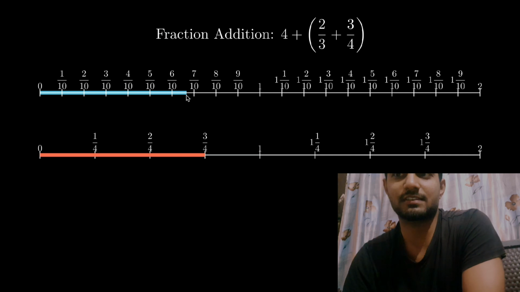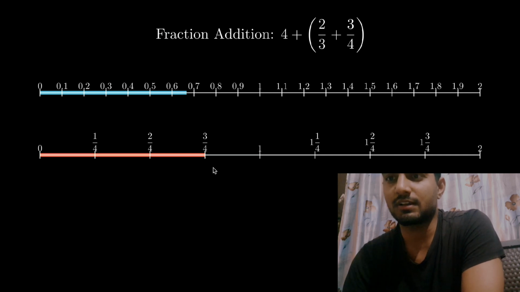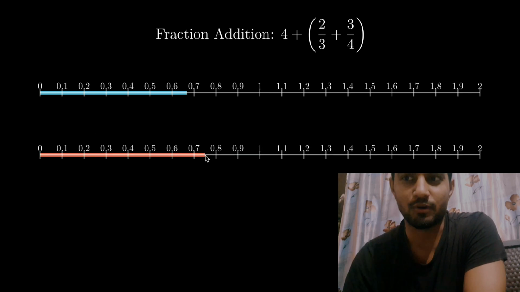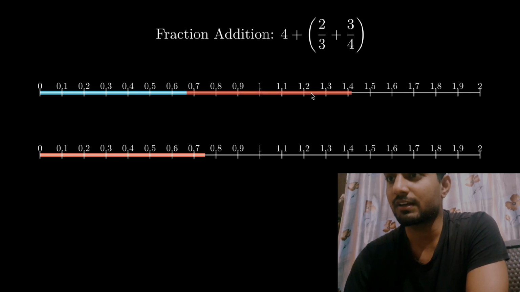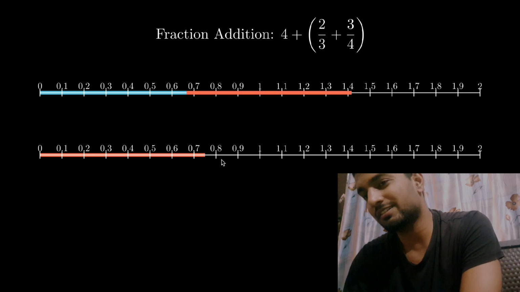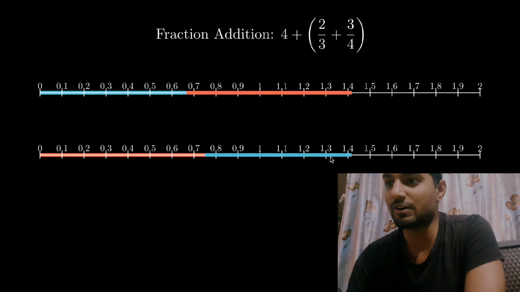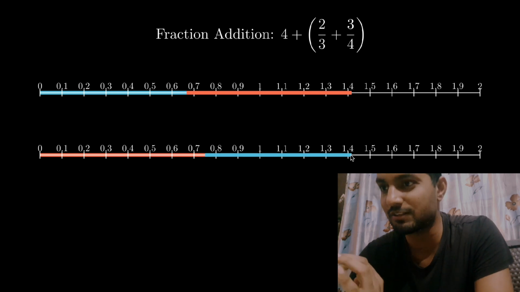Still it doesn't make sense. There is no number for this point. There is no number for this point in decimal form. But when we add over here, still it doesn't have a number for it. Even when we add this over here, still it doesn't. Till now it is more like fractions only. We don't have a number for this little point.